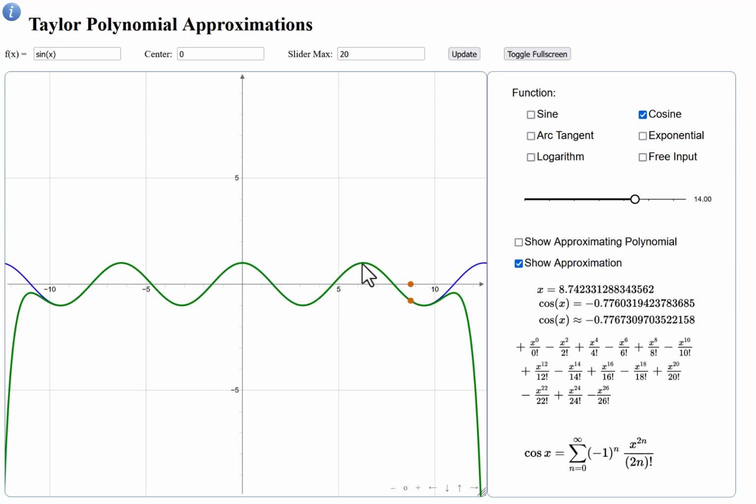And then you could always use a coterminal angle to calculate cosine outside of that range. So you still wouldn't need a really large polynomial to come up with cosine approximations. But technically, it would work for any range of values.